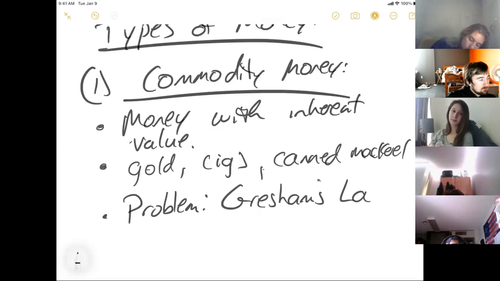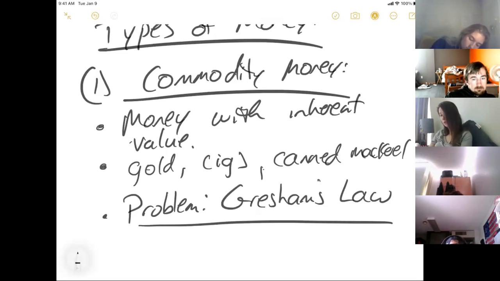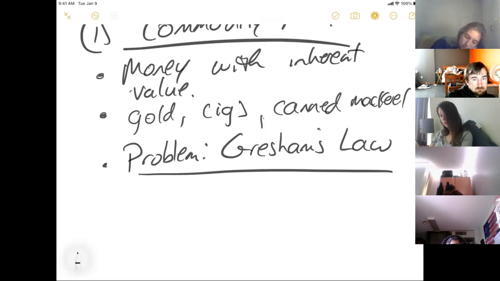And this problem is referred to as Gresham's law, which maybe you've heard this phrase bounced around. This is an idea that occasionally you'll see out in the media or people talk about Gresham's law. Gresham's law is a pretty simple law.